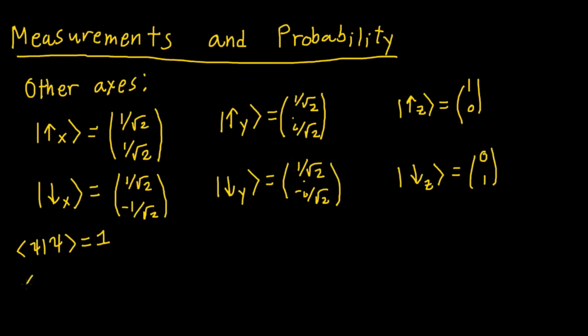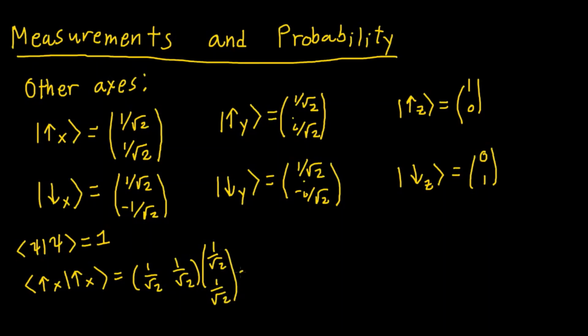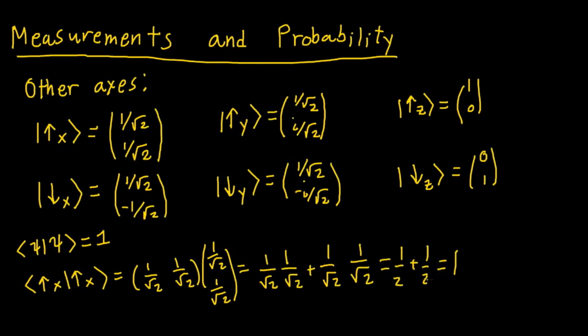So, for instance, the inner product of the spin-up state along the x-axis with itself is equal to this, which is equal to this, which is equal to a half plus a half, which is equal to 1, just as we need.